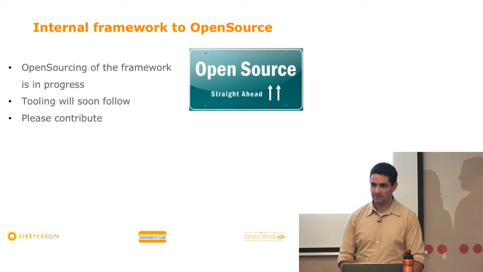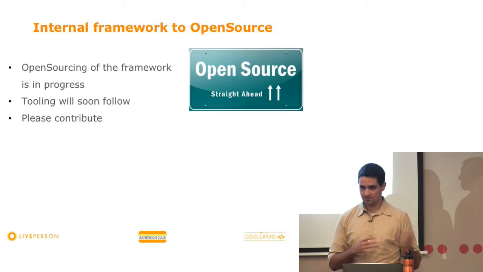Tooling that comes with the framework will follow afterwards onto GitHub. So once you want to use this framework, you'll have all the automation and ease of use that we're able to enjoy here at LivePerson. You'll be able to use that as part of the open source.